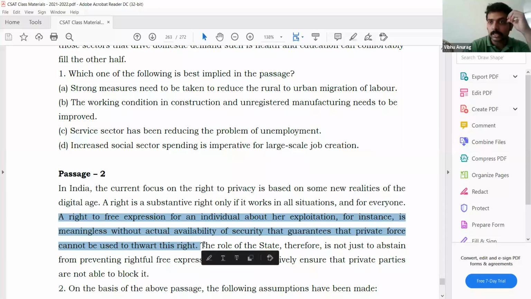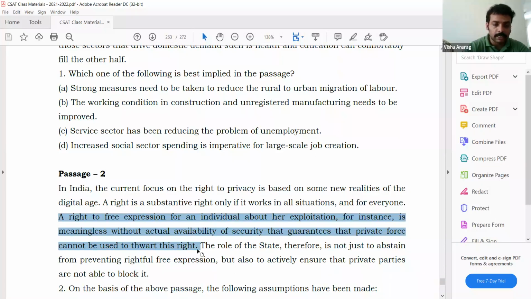The role of the state, therefore, is not just to abstain from preventing rightful free expression, but also to actively ensure that private parties are not able to block it. So it's not just that they should not prevent the expression, they should also ensure that private parties are not doing it.